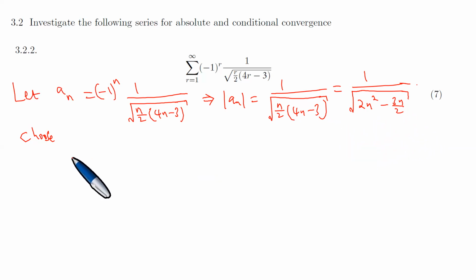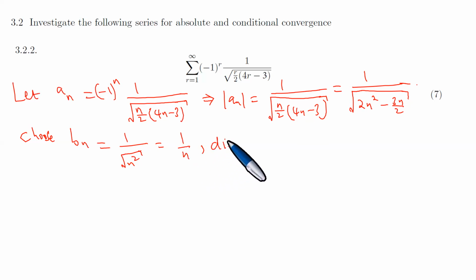Right, so you can choose b_n now if we're thinking of the limit comparison test. So in view of the limit comparison test, what do we get? b_n is going to be 1 over, you can take the square root of this, which is 1 over n.